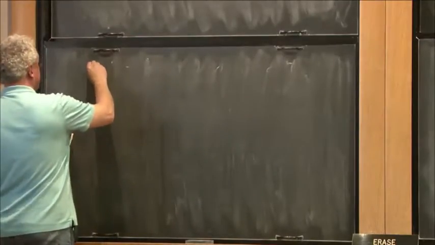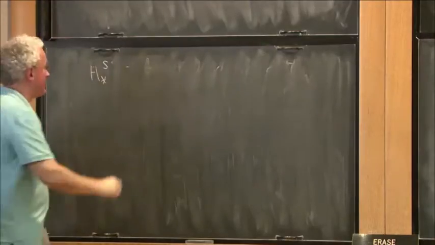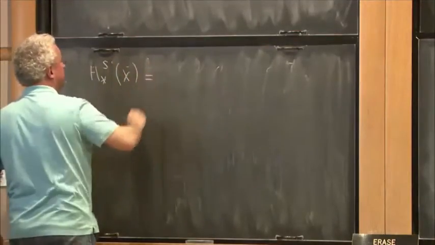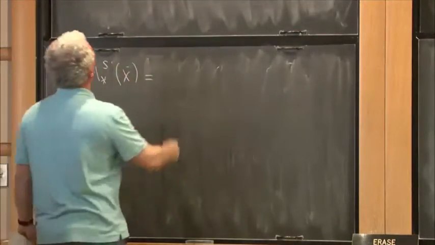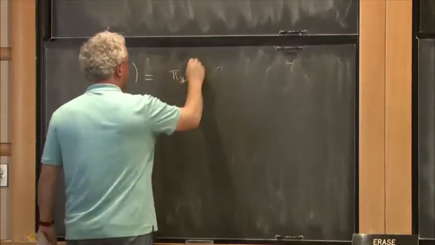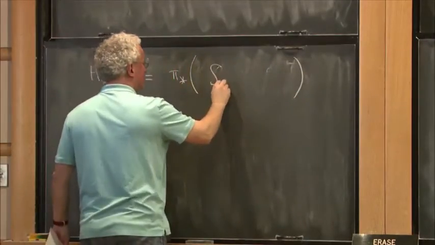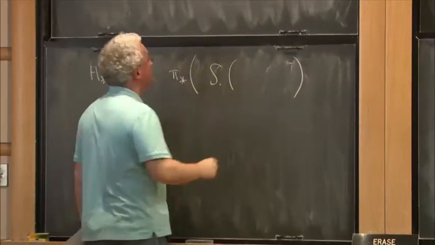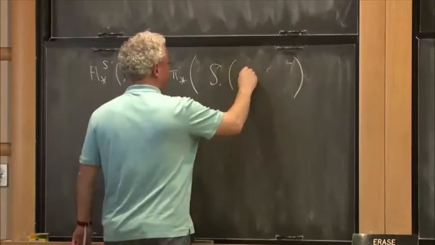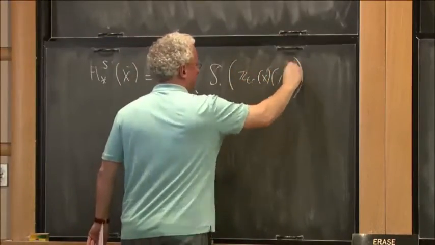So, Suslin homology with an S, of X, and you can put coefficients if you want, is the homotopy groups of the following simplicial abelian group evaluated on delta point.